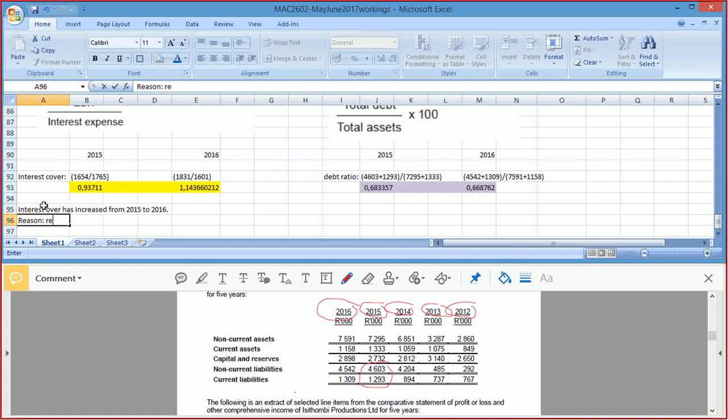Revenue, sales, EBIT has increased, and interest expenses have reduced.